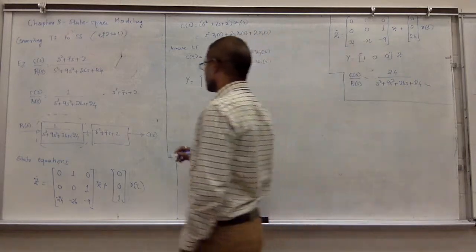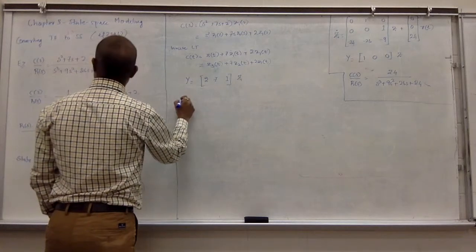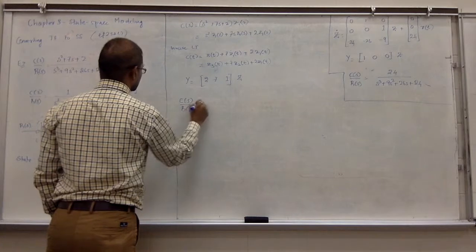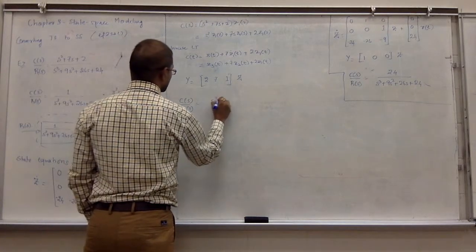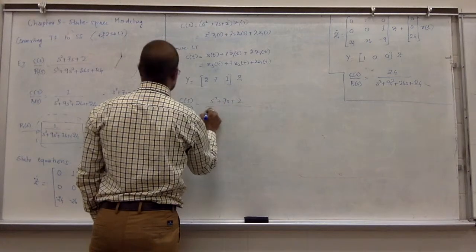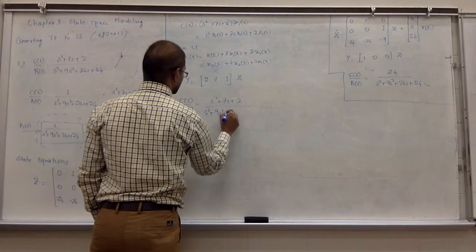Okay. And here the transfer function is this. C of S over R of S is equal to S squared plus 7S plus 2 divided by S cube plus 9 S squared.